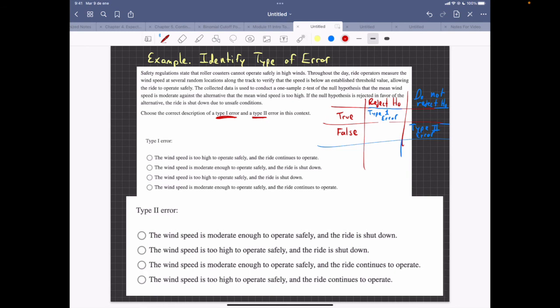So here it says, choose the correct description of a type 1 error and type 2 error in this context. Well, I will give you the answers because I don't want to make this video longer, but you will have to figure out why these answers are true, okay?